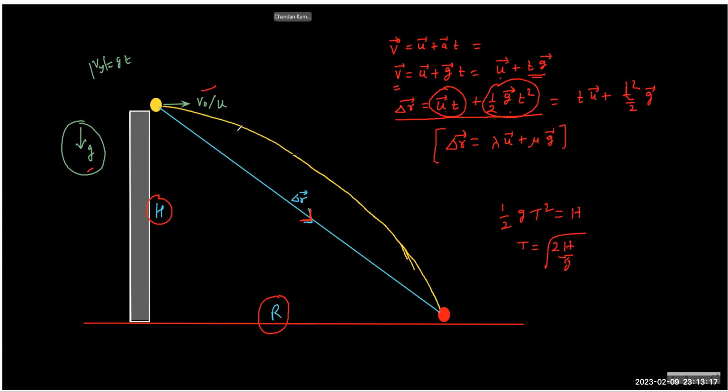The obvious answer is V naught. And what is the range definition? How much I would have traveled in one time of flight. My velocity in that direction is constant. So I know that R is nothing but the velocity into the time that I can travel for.